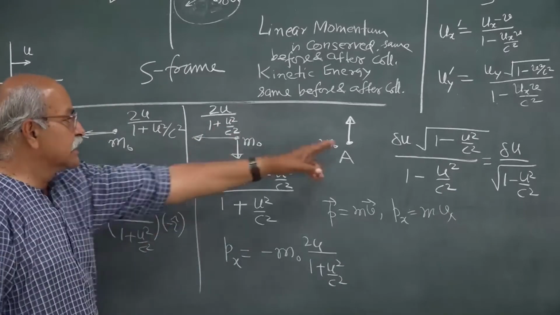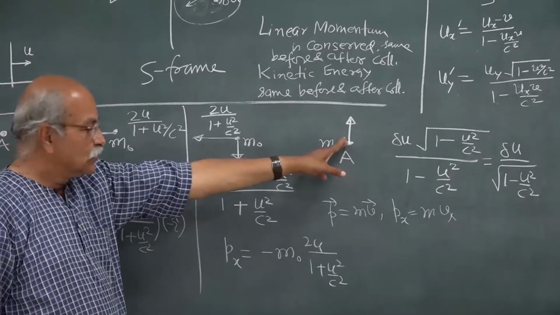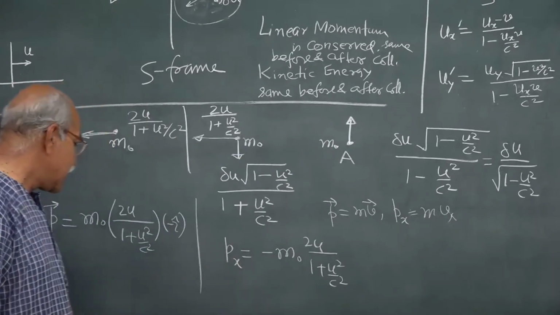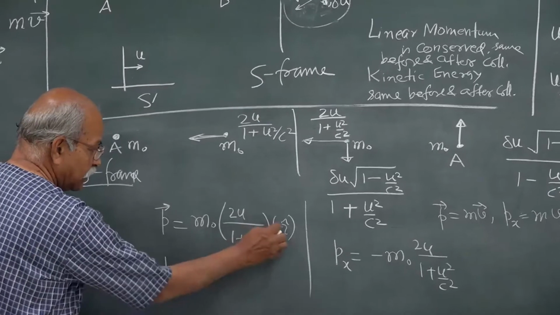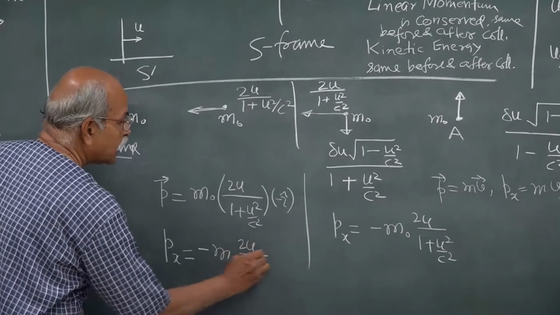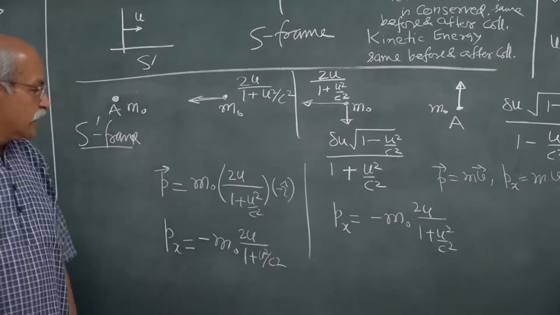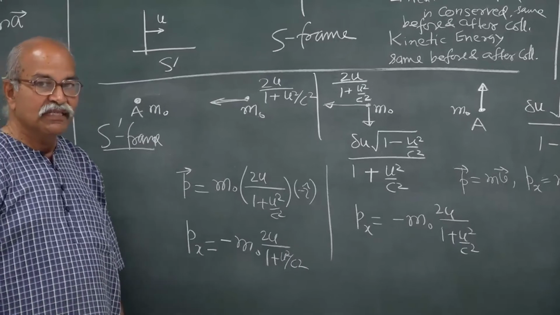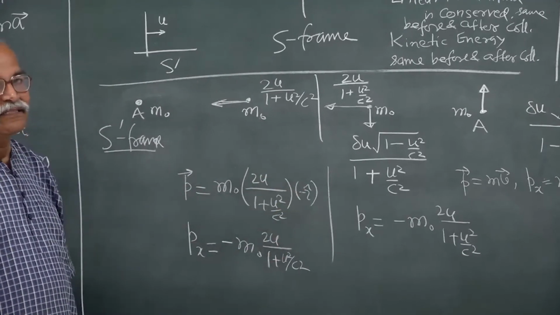Here this is 0, it does not have any x component in the velocity. So this is the total px, and what was the total px here? The total px here was minus m naught 2u by 1 plus u square by c square. So yes, the x component of the linear momentum is conserved. Before the collision it is this, after the collision it is this.